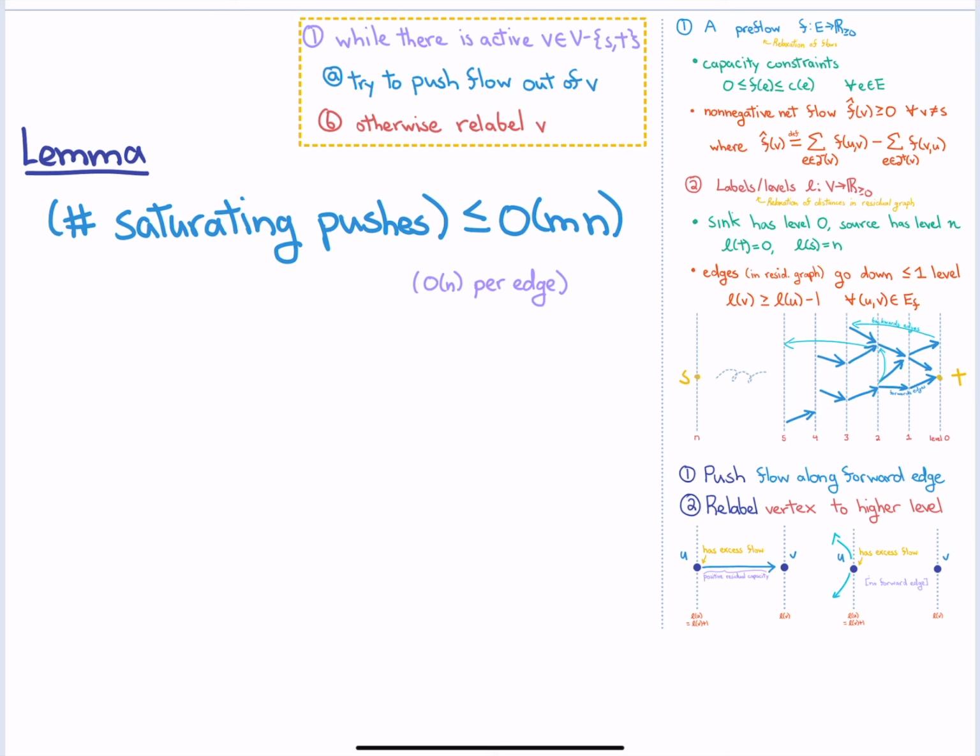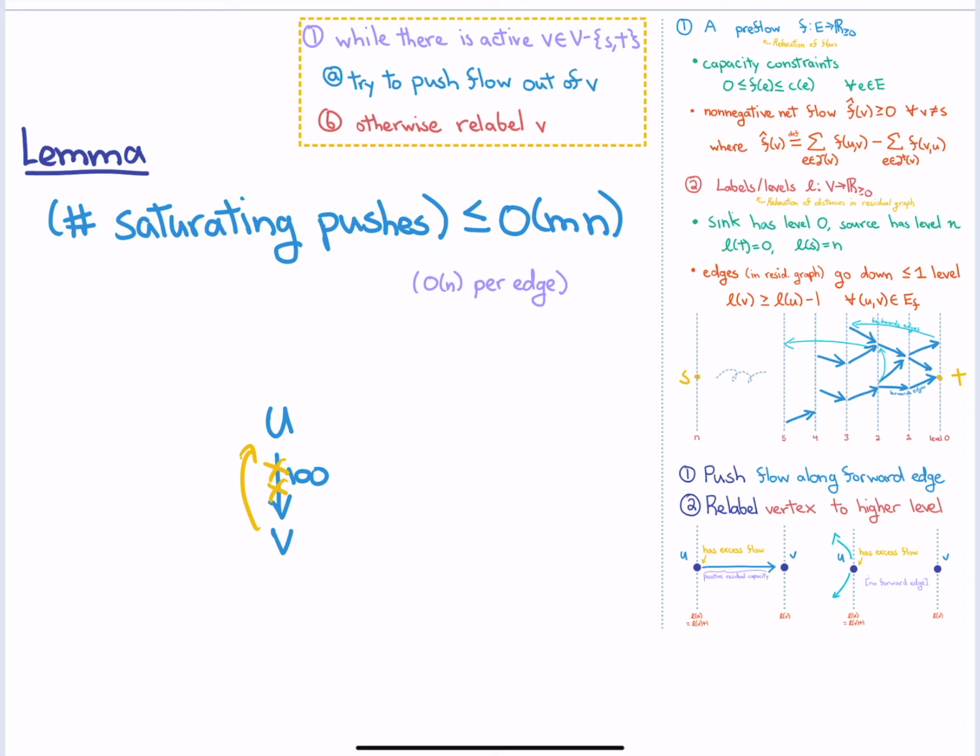Yeah. So this is similar to other arguments we've had. If I'm pushing from U to V, and I push down flow, and now the whole edge is used up, it's going to disappear from the residual graph. The only way for the edge to get reintroduced is if I push flow from V back to U. So originally I have U, I have V, and I push so much flow that this edge gets deleted from the graph and I add V to U back in.